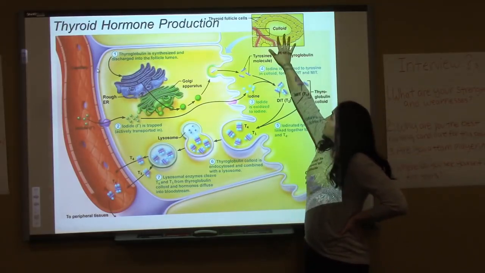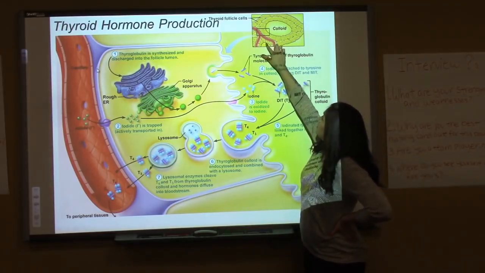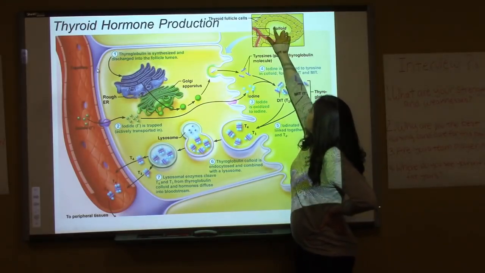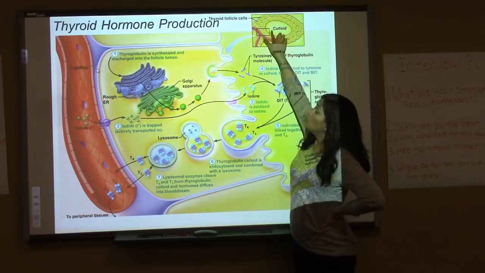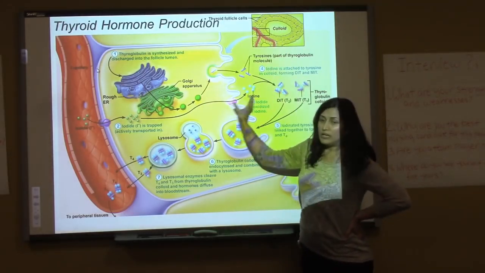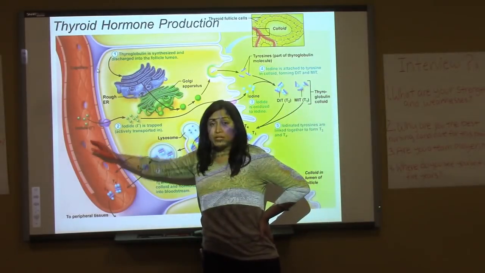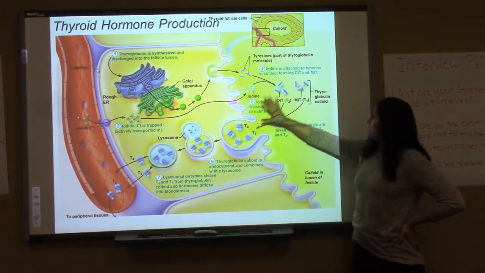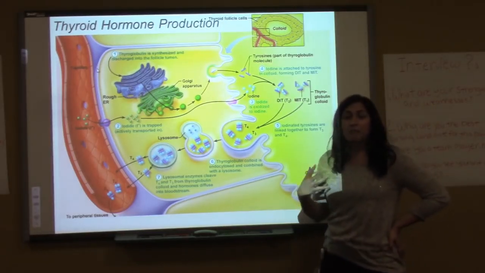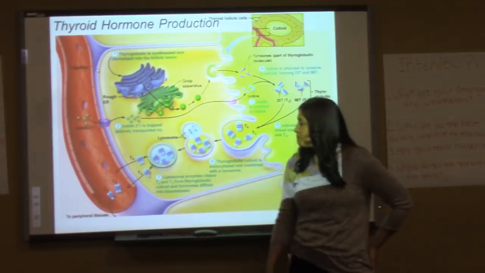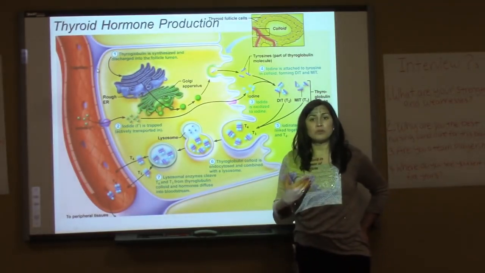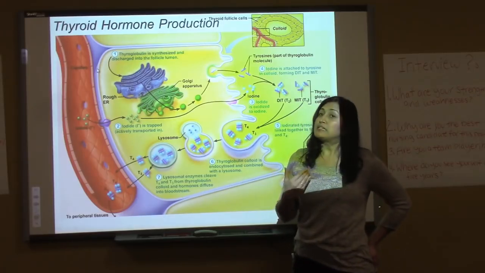So right here is a thyroid gland. Here are the cells. These are called the follicular cells. Here is a blood vessel, and the follicular cells are surrounding this fluid area, which is called the colloid. So we're going to take this photo and enlarge it. So right here is the blood vessel, here is the follicular cell, and here is the colloid. Colloid contains this amber-colored fluid, and it's sticky. Okay? So now let's learn how thyroid hormones are produced step by step, and you should know it step by step.